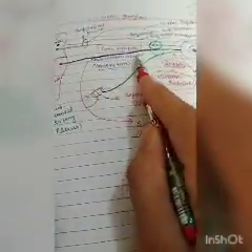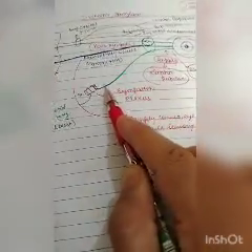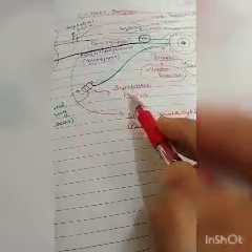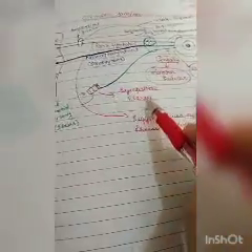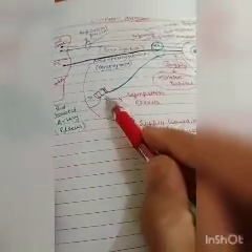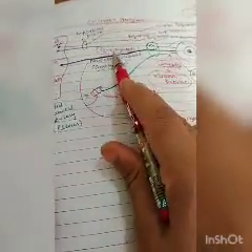This one is the sensory; here I have written it also, sensory root. And this green nerve which courses towards it is the sympathetic plexus, because it is coming from the internal carotid artery plexus, which is the sympathetic plexus. So this will cover the sympathetic part, this will cover the sensory part, and this will cover the parasympathetic part.